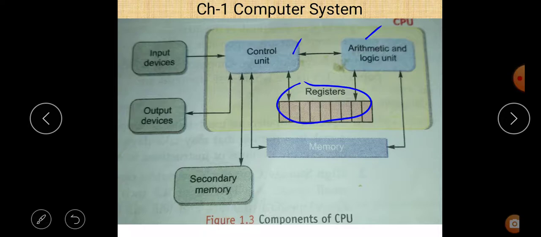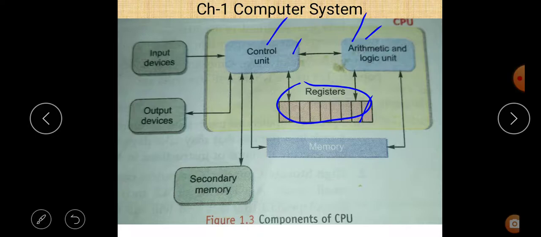Logical operations are related to less than, greater than, less than or equal to, greater than or equal to. And a register is basically a small memory inside the CPU. Registers are the smallest memory within the computer system. So these are the basic components of a CPU: control unit, arithmetic logic unit, and register.